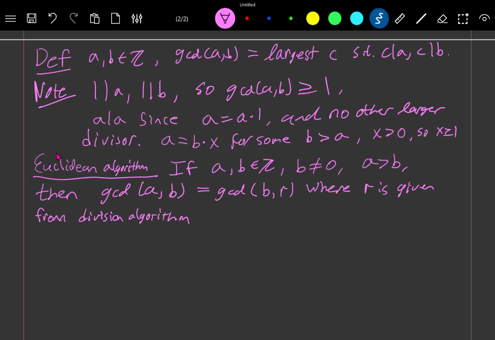That is, A is BQ plus R. So the GCD of A and B is the same as the GCD of B and R. So let's go ahead and prove this.